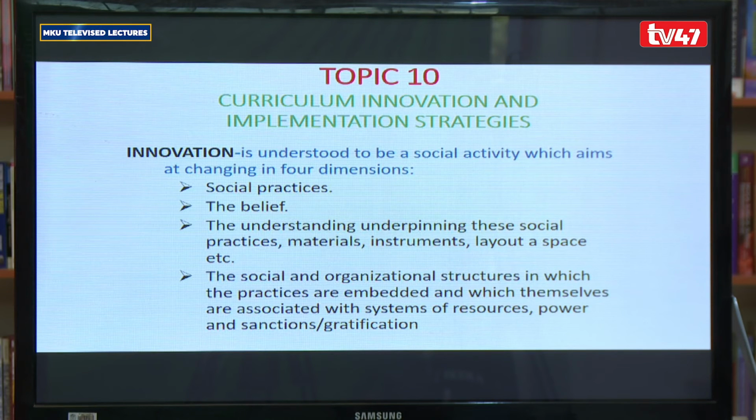Fourthly, the social and organizational structures in which the practices are embedded and which themselves are associated with the systems of resources, power, and sanctions and gratifications.